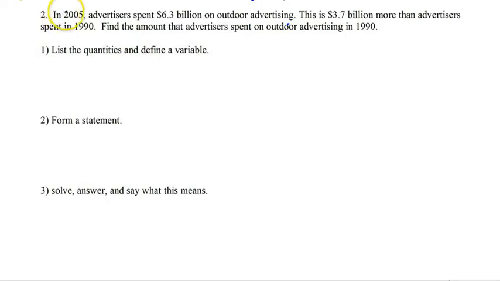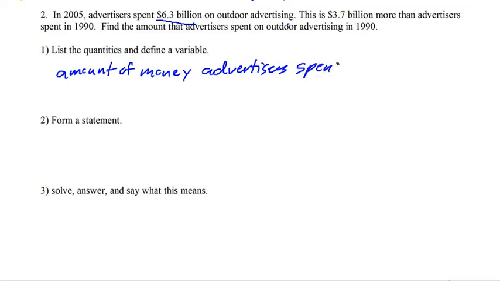We have in 2005, advertisers spent 6.3. There's a value. So what does that value represent? It's not the number. It's the amount of money advertisers spent in 2005, and that was $6.3 billion.